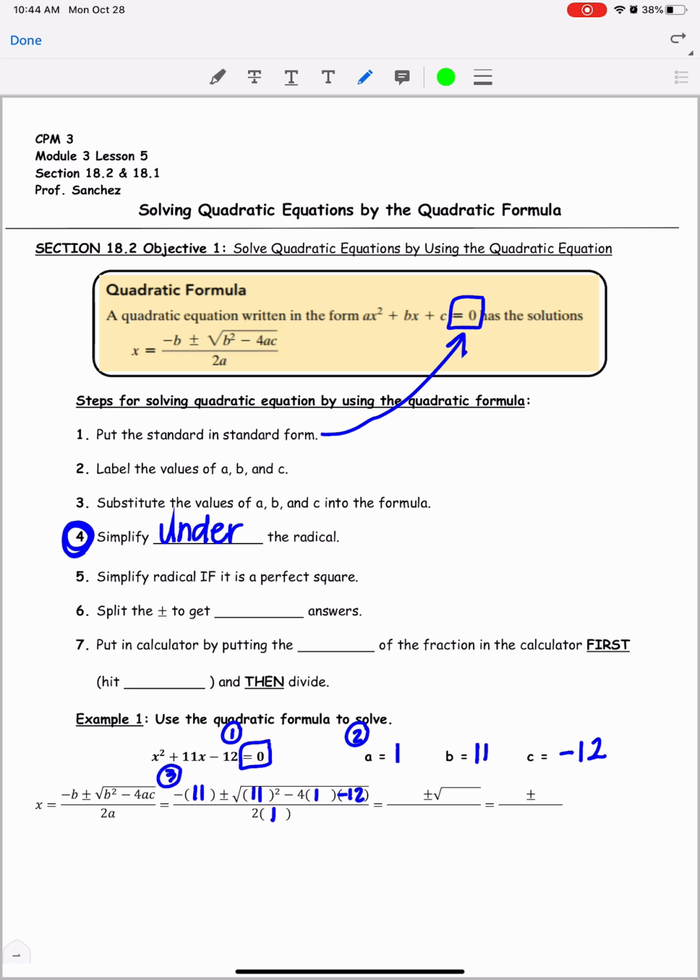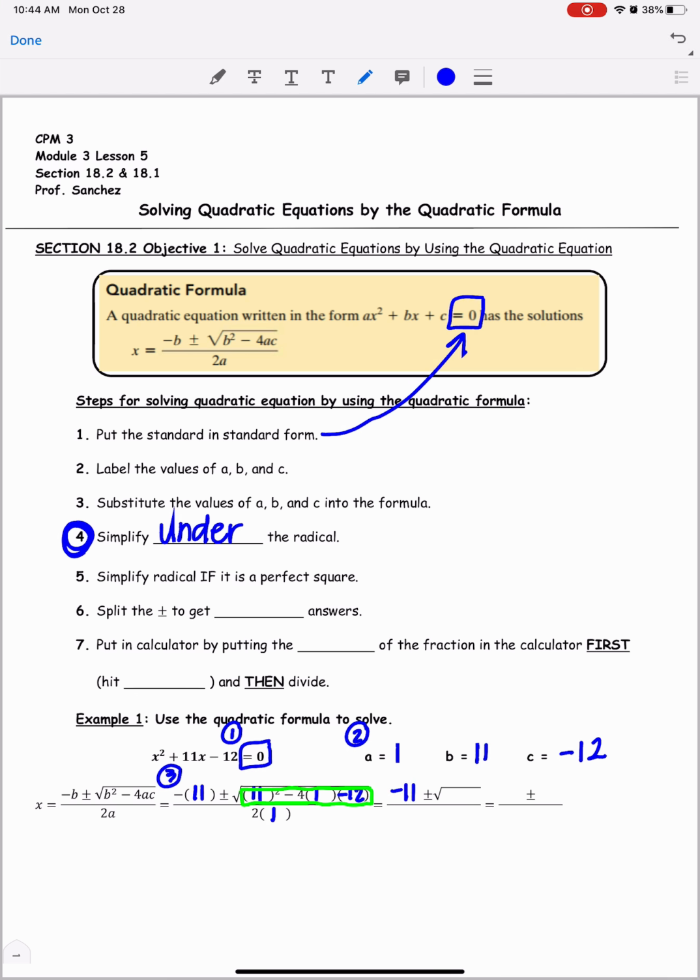So when you put this in your calculator, you are not hitting second x squared for that square root. You are just putting what is under this radical and not including the radical. So my negative parentheses 11 can be simplified to just simply a negative 11.